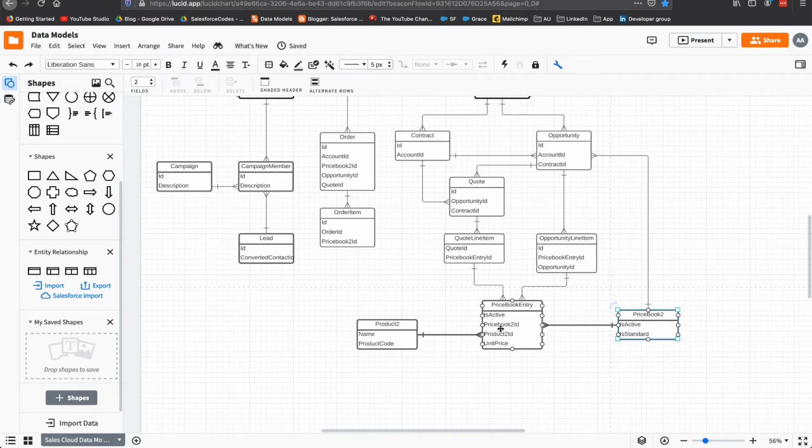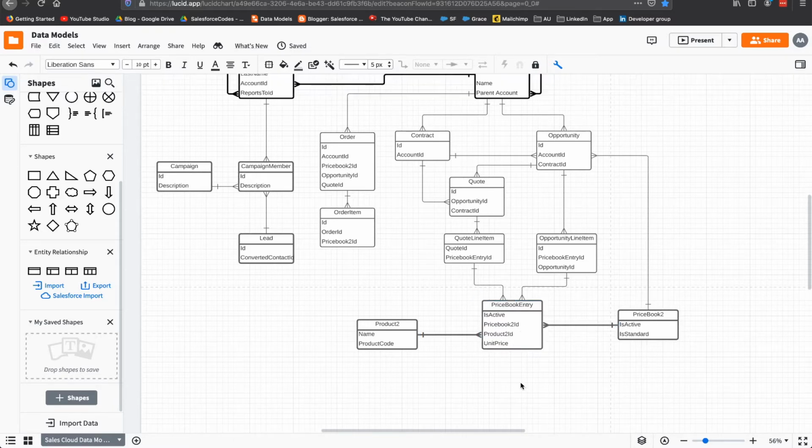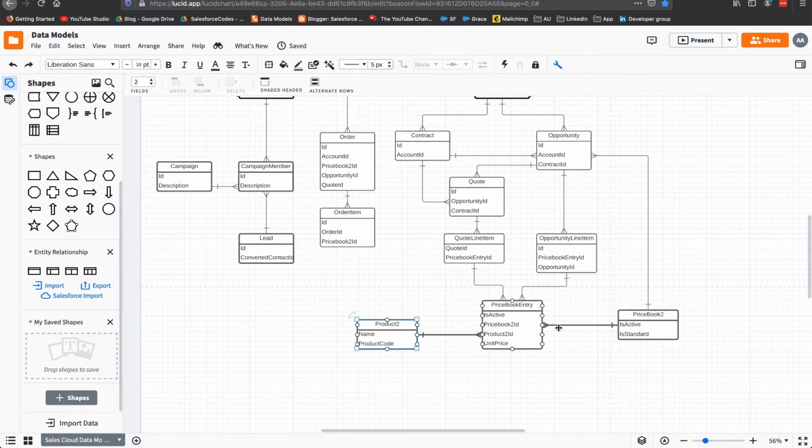So there will be two price book entries, one in the US price book and another in the India price book, and both will be pointing to the same product, but on the price book side they will be pointing to two different price books. So that's how product, price book and price book entry are related.